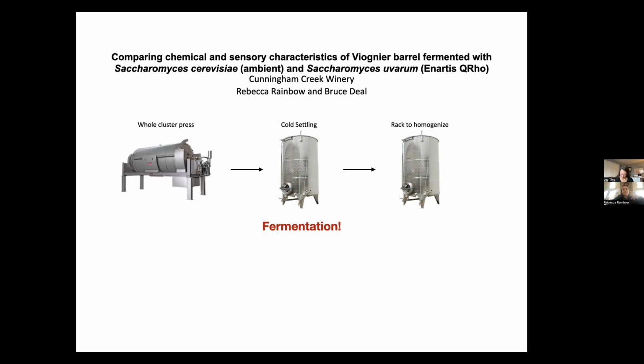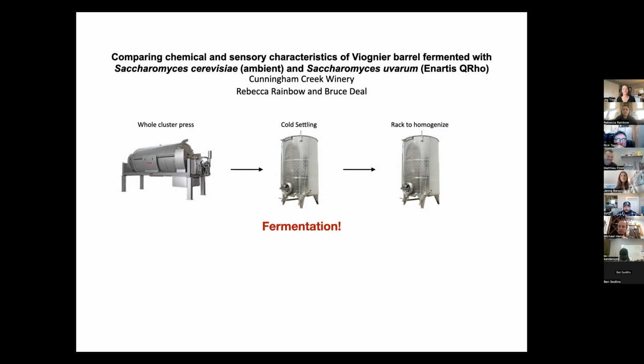And so when we inoculated with the Q row, we just kind of assumed a co-fermentation with a natural yeast. Right. Yeah, and I think this is actually interesting, it was sort of unintended, but it's an interesting wrinkle in the discussion in terms of how Q row works when other yeasts are around, because most of the time other yeasts are around, it's just a matter of how much.